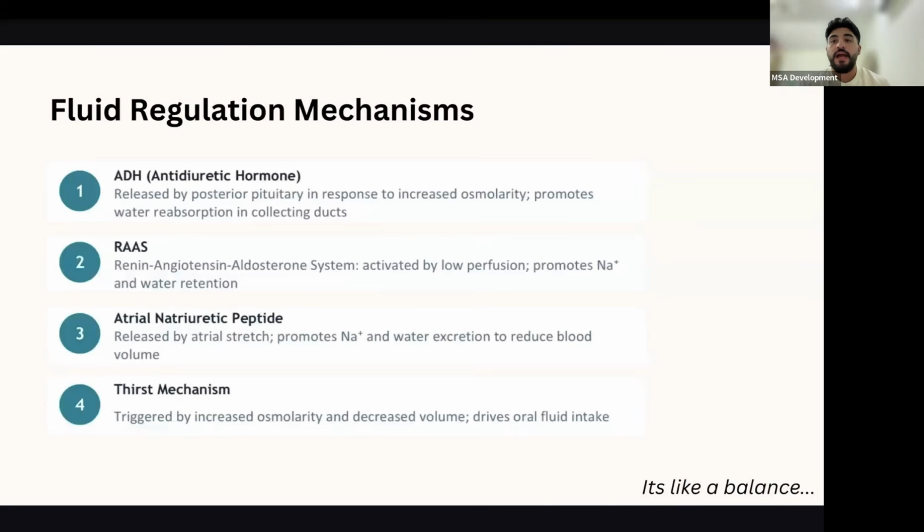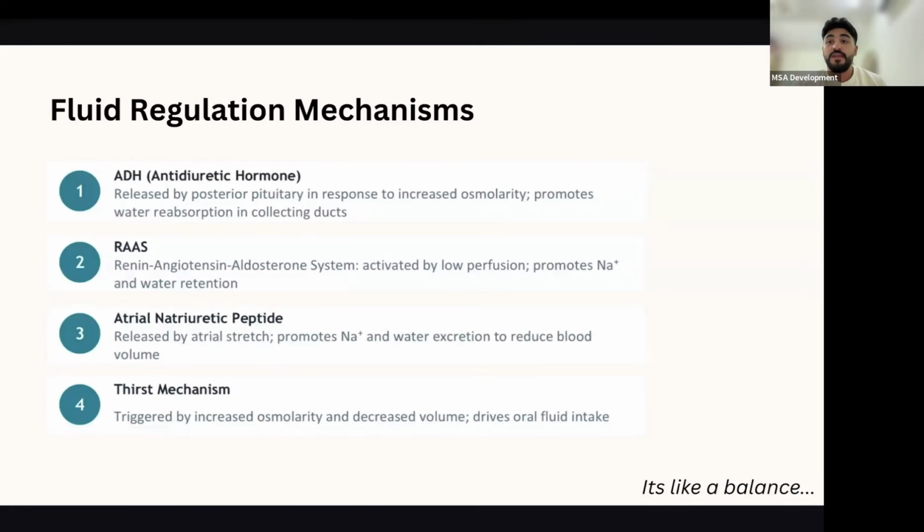First of all, you'll have ADH, your antidiuretic hormone, released from your posterior pituitary, and it responds to increased osmolarity, meaning increased concentration of solutes in the body, meaning we have less water, so it's going to promote your water reabsorption. Okay, means that you're going to have less urine output, for example. So this is number one, ADH.